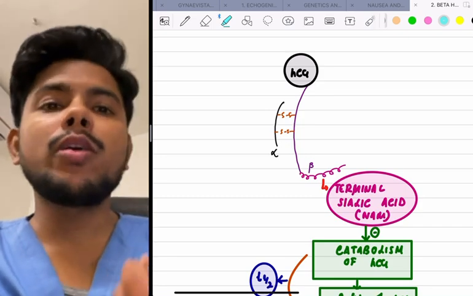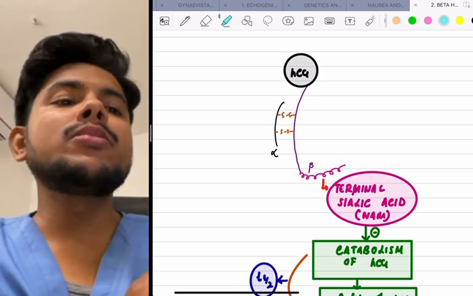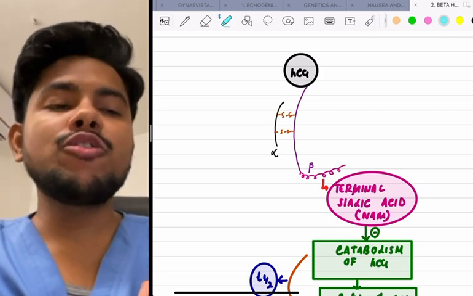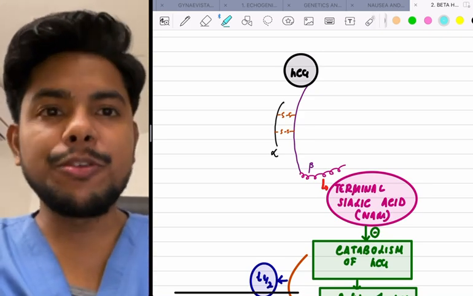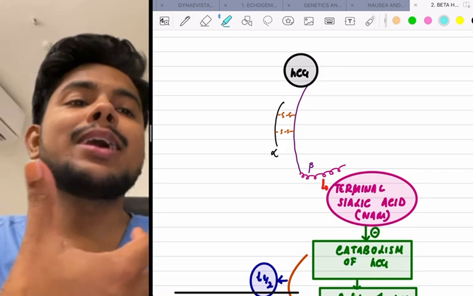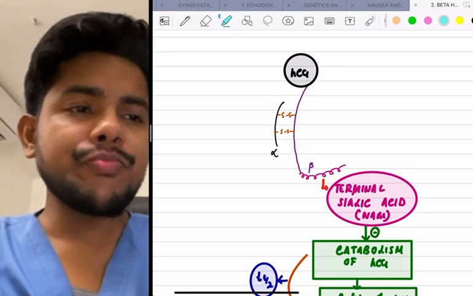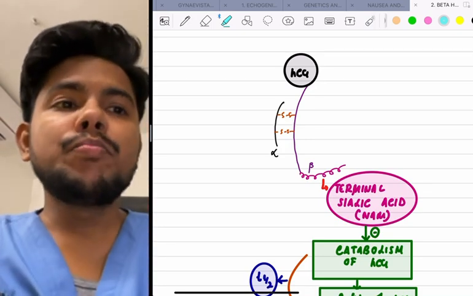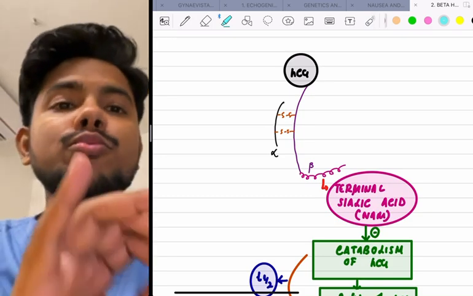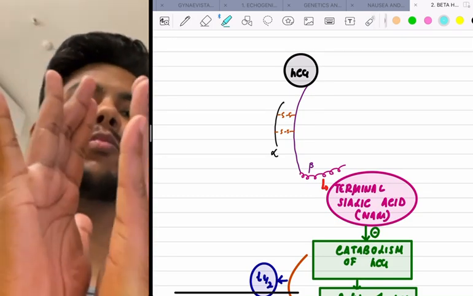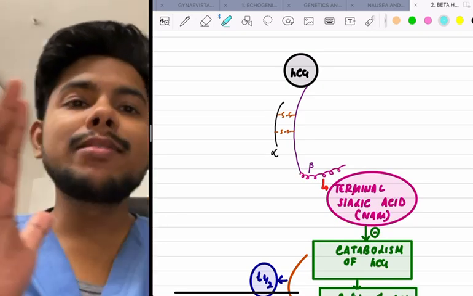We do know from our knowledge of biochemistry that covalent bonds are the strongest. Okay, but it is the non-covalent form of bondage which is present between two subunits of hCG. So it can be like ionic bond and the hydrogen bond. What I mean to say is this: in between alpha and beta subunit, we have got a non-covalent bond, which is a weak bond. So alpha and beta subunit of hCG are separable easily.